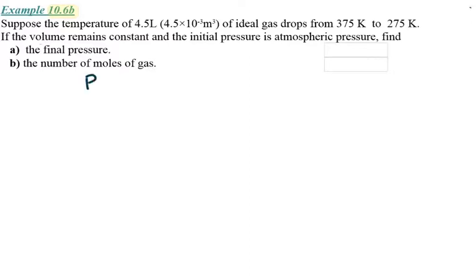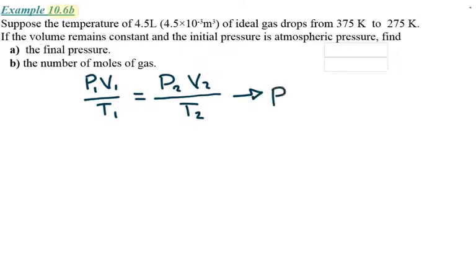So I have P1 V1 over T1 is equal to P2 V2 over T2. If I'm solving for P2, I have P2 is equal to P1 V1, I do cross multiplication and then divide by V2, and T2 divided by T1 and V2.